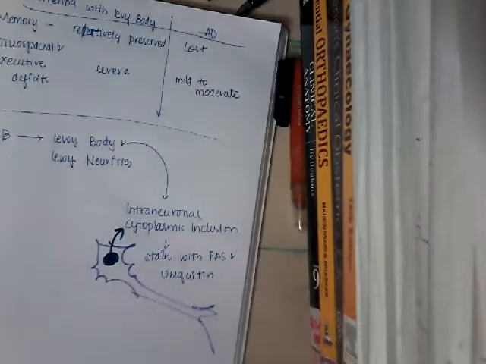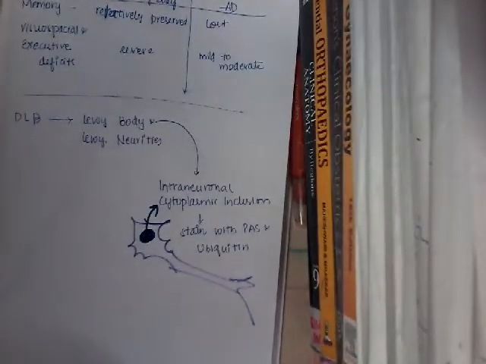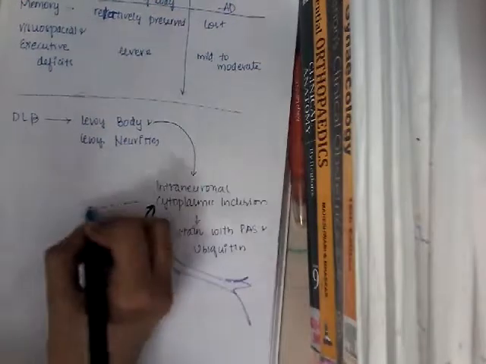What these functions are and everything else we will learn in Parkinson's disease. But what a Lewy body is, is this one: an inclusion body. So what is there in this inclusion?